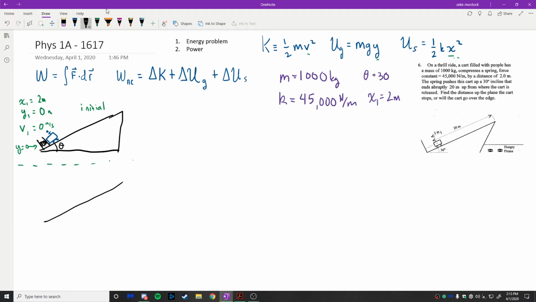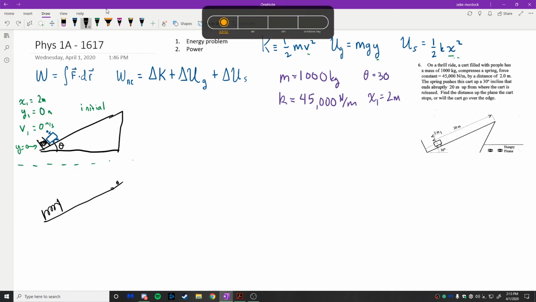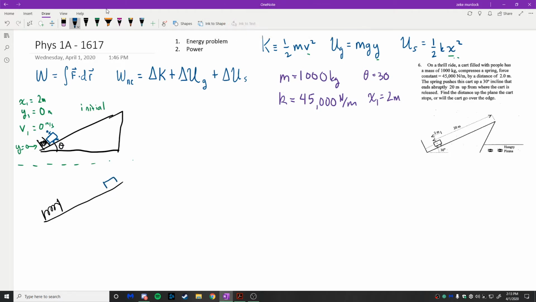and what we're trying to figure out is how far up the ramp the cart actually goes. So now the spring has been decompressed a little bit, and the cart's going to be somewhere up here, and we don't know where it's going to be. I should use the same color so it stands out more. The cart's going to be right here.